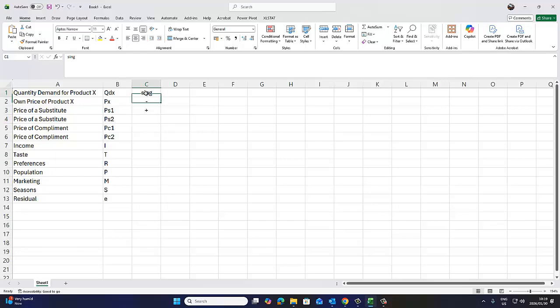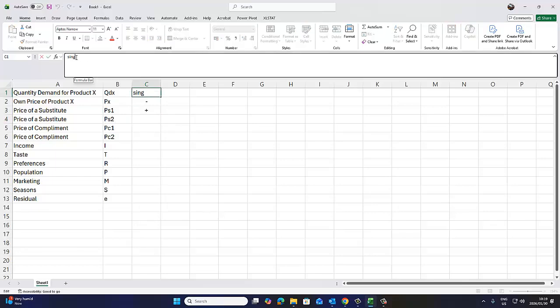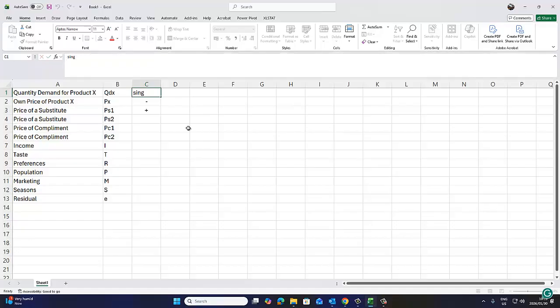Okay, so this is the sign. Sorry, I was looking at that and thought, that doesn't look correct. There we go, sign. So that's the sign. The sign is either minus or positive.